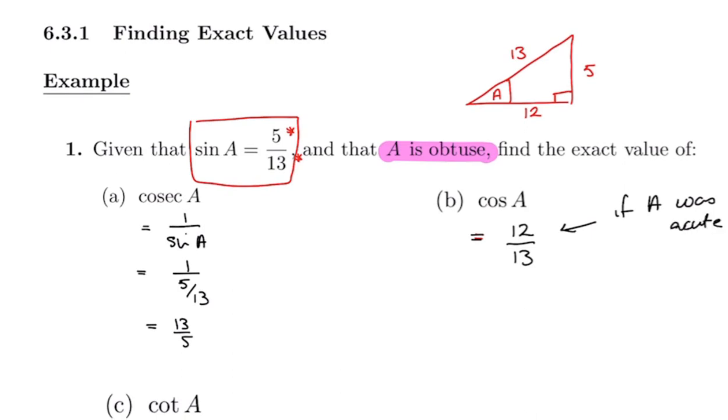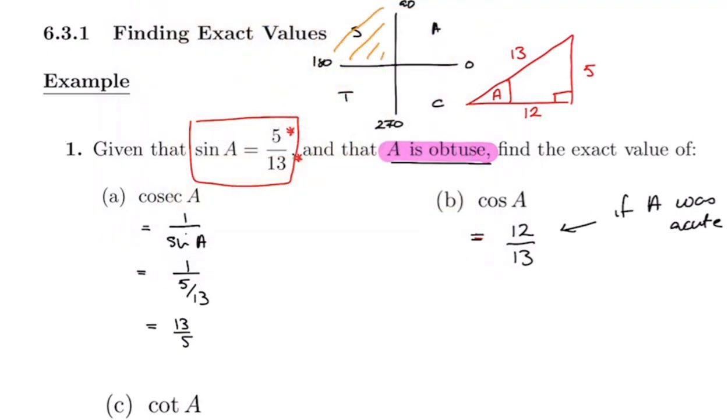We were told that A was obtuse. Now, if you think about your CAST diagram, I'm just going to draw it here. Remember, your CAST diagram tells you where your trig ratios are positive. So remember C, A, S, T. A is obtuse, so A is between 90 and 180.